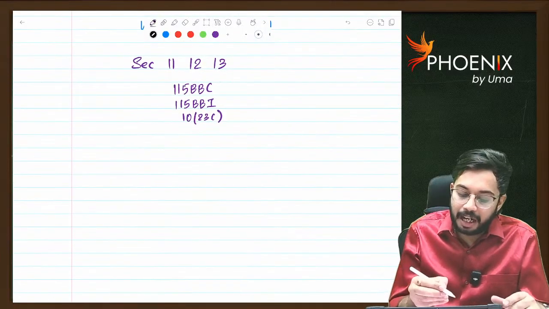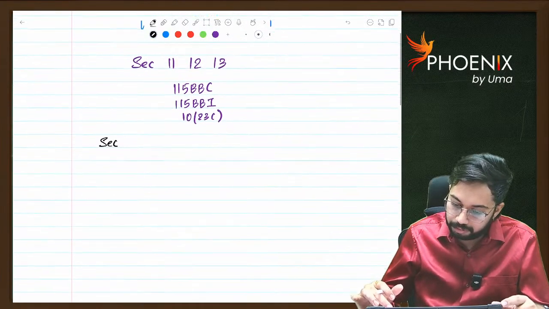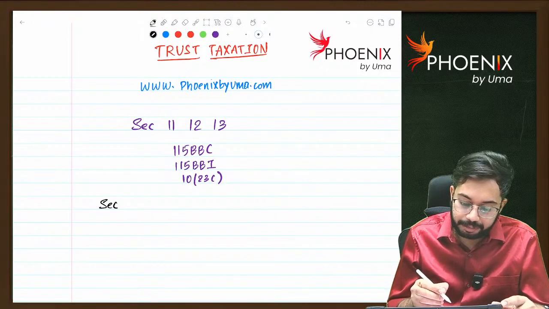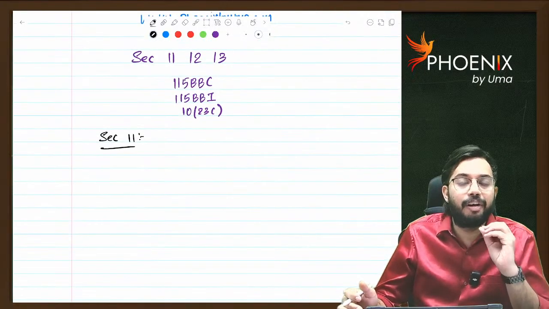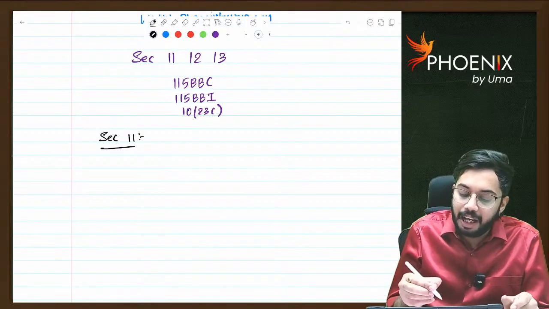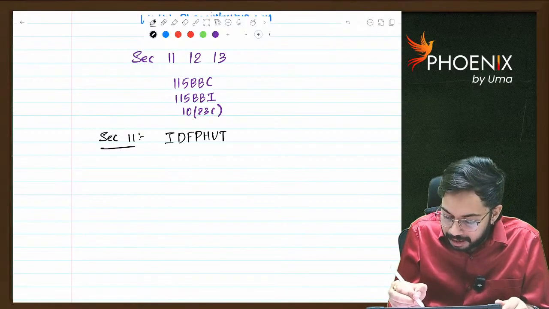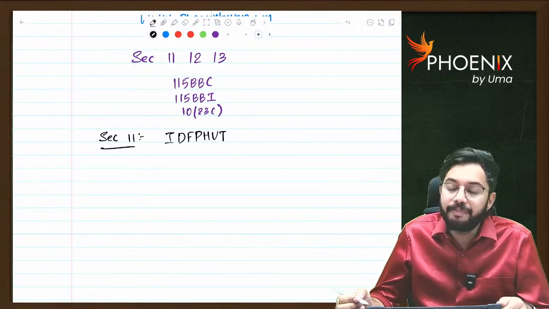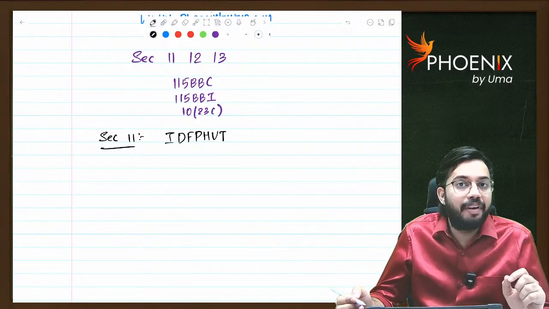First, I will start with section 11. I will take a fresh page. What does section 11 say? First of all, section 11 says income derived from property held under trust. For that income, certain exemptions are given under sections 11 and 12.